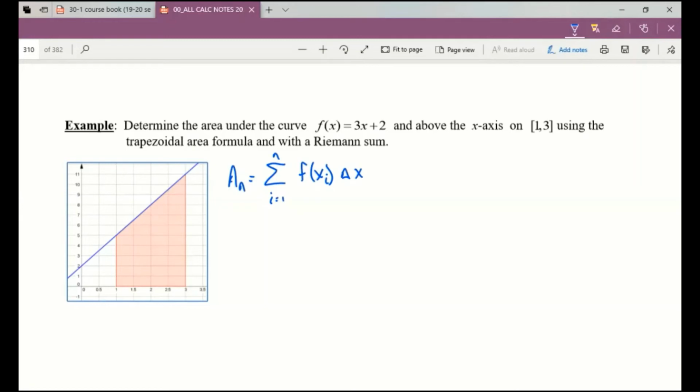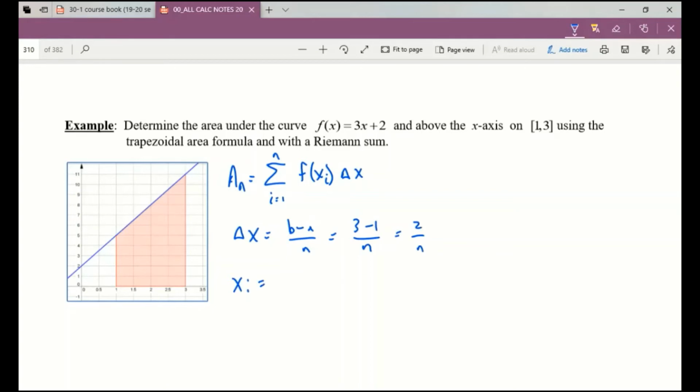What do we know about these things? We know that delta x is b minus a over n. In this case, our right bound is 3 and our left bound is 1. We're going to leave this as n because we're going to take infinitely many of these. So let's just simplify this to 2 over n. We have x sub i.